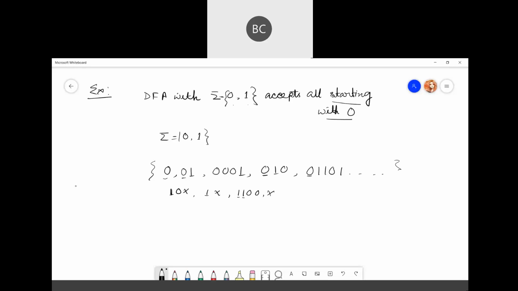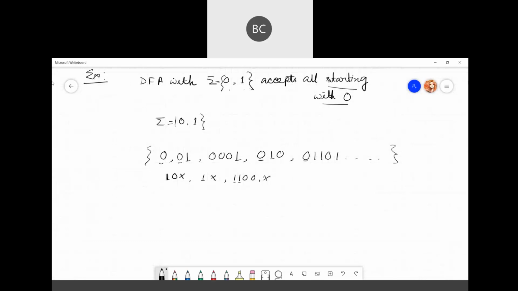So it will be an infinite language. Okay. You cannot define how many 1s will be there, how many 0s will be there, and what will be the sequence. There is no sequence given, just that it should start with 0. Okay. Now, how will you draw it?